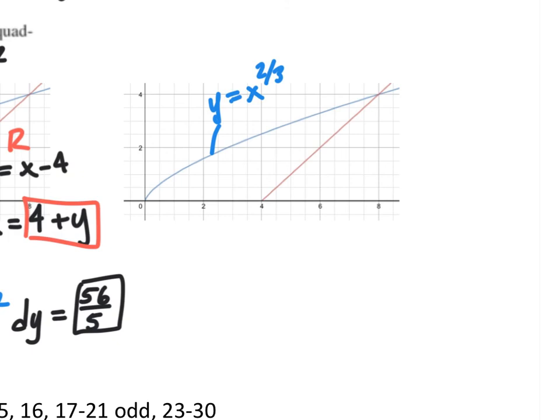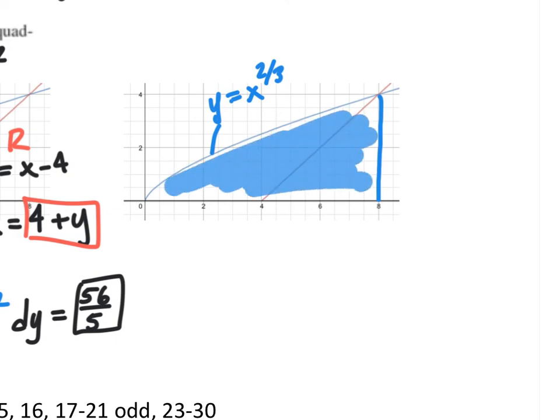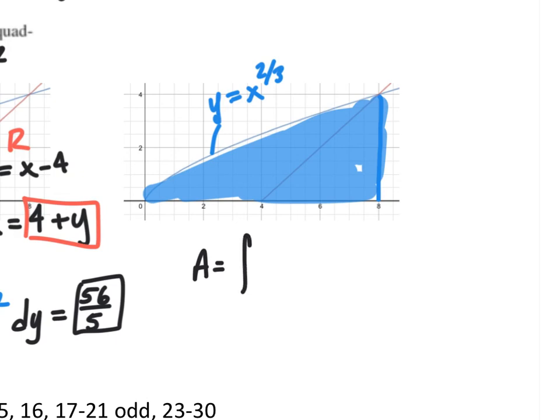Let me shade that in real quick, something like this, that entire area here. The integral for that, which we know how to do, is the area equal to the integral from 0 to 8 of x to the 2/3 dx.